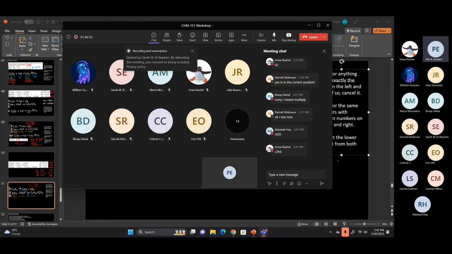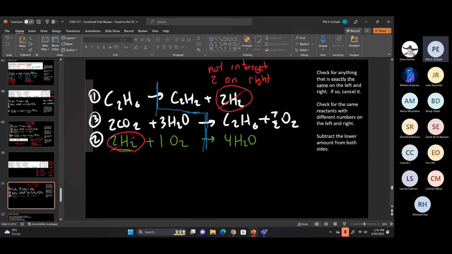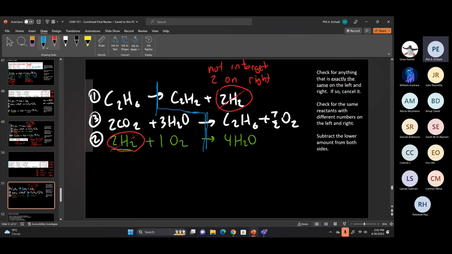Okay, we're seeing water and C2H6. Actually, C2H6, you might notice they're actually the same number because you have 1 on the left, 1 on the right. That can actually be canceled. So I'm glad someone caught that. Water is another one. We have 3 on the left, 4 on the right.